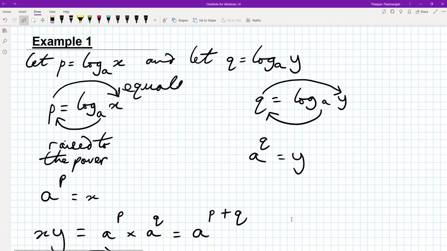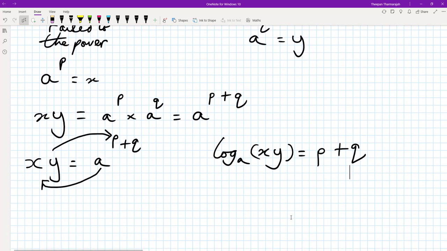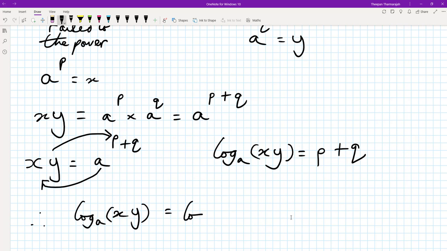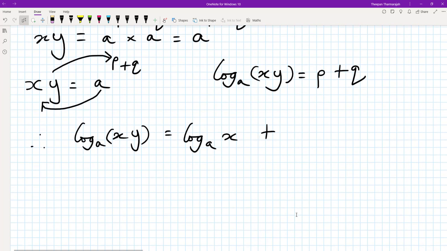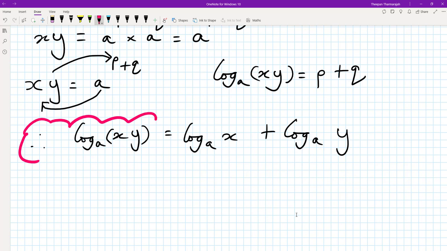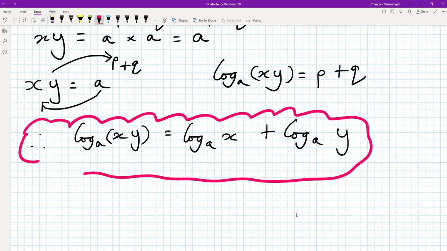We said that P was log base A of X. So therefore, log base A of XY, well, P is log base A of X. And we also know what Q is. If we go back to the top, Q is log base A of Y. So we could replace Q with log base A of Y. Now that is the first law of logarithms.